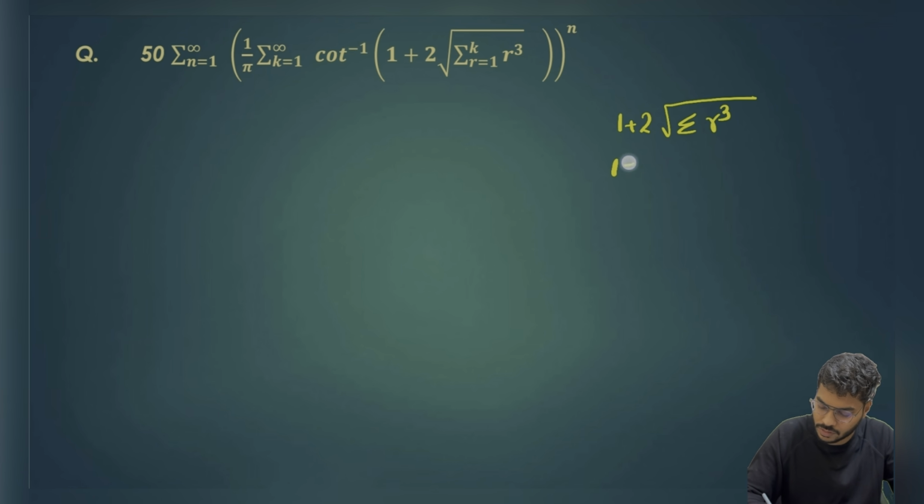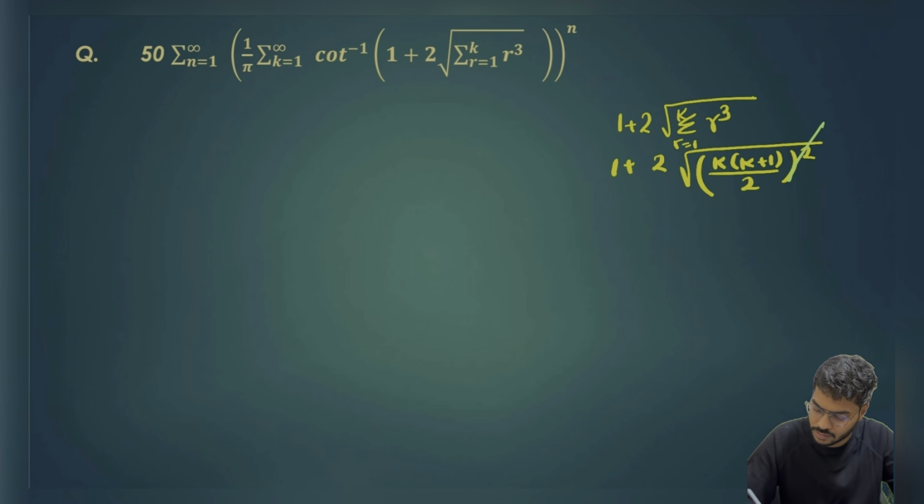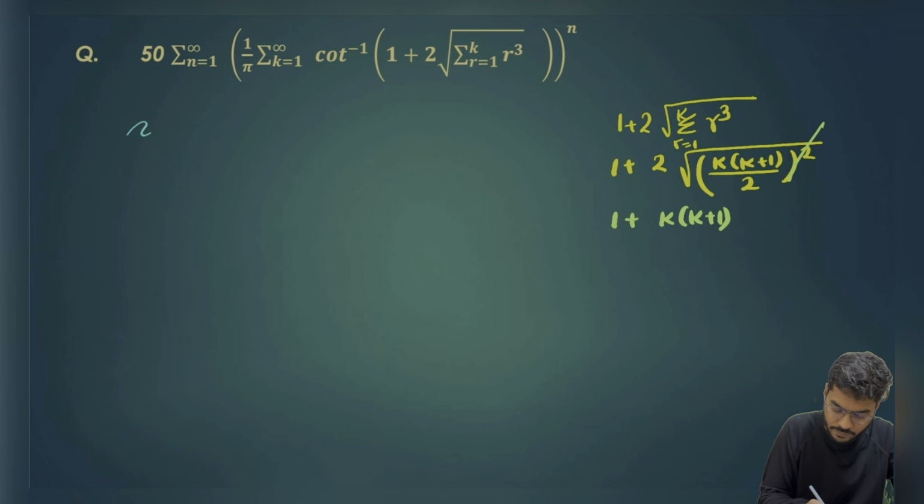As we know, summation of r cube, with r from 1 to k, we have the formula: k into (k plus 1) by 2, whole square. Now the whole square and under root cancel out, 2 cancels out. What is left? 1 plus k into (k plus 1).